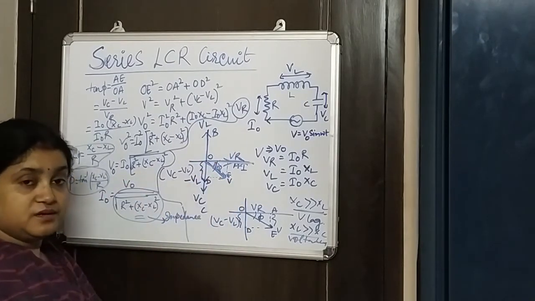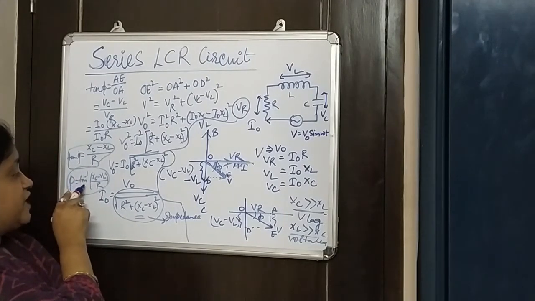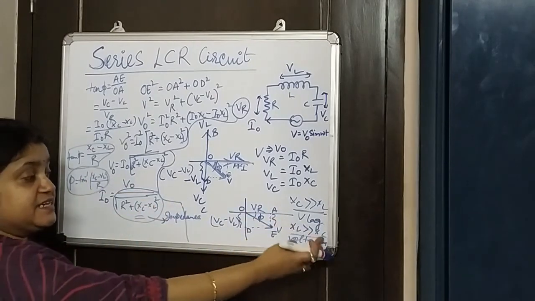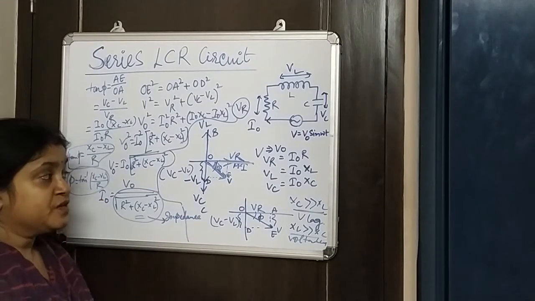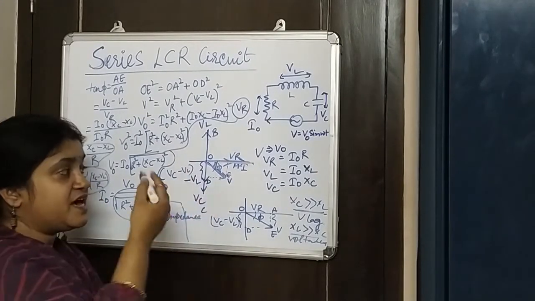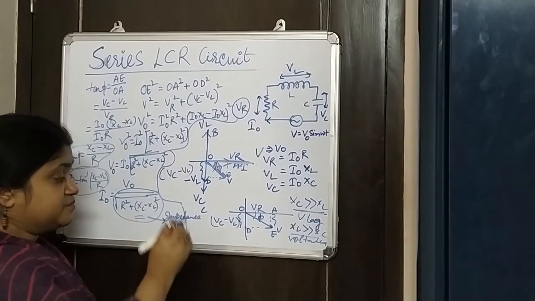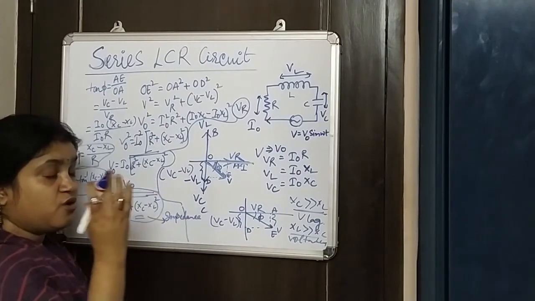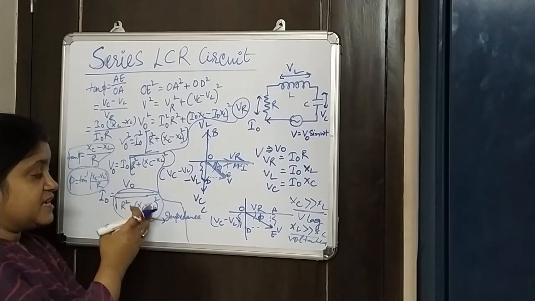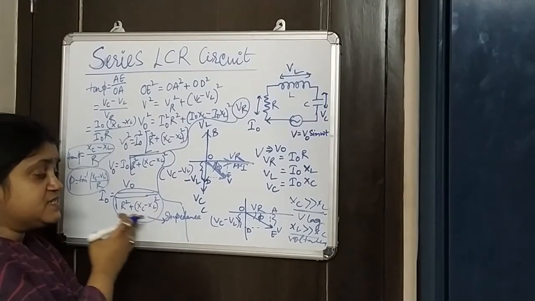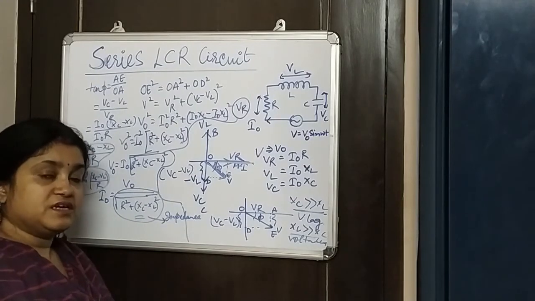That also is by the phase angle phi, which is given by phi equal to tan inverse, but since XL is greater than XC, in this term it will be XL minus XC divided by R. So that's what we have seen using this phasor diagram analysis, that in an LCR circuit the combined effect of the resistive element is given by root over R square plus XC minus XL whole square. This is what is called the impedance of this circuit, which we'll talk about in detail later.